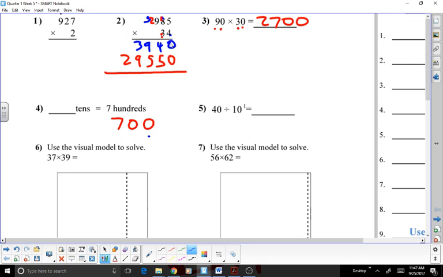Here's the tens place. So, how many tens are in 700s? Here's your tens. Go straight down. What do you see? 70 tens are in 700s.